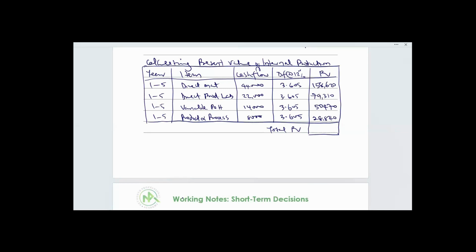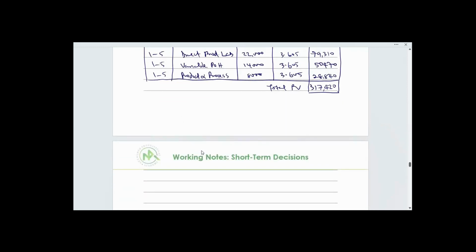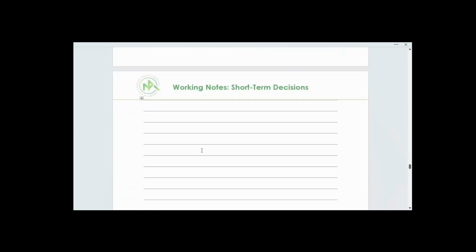Let's add everything together, please. 317,420. So the total present value of making part 2011 internally is 317,420 naira.